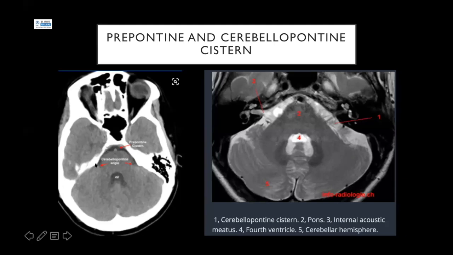So this is the cerebellopontine cistern, also known as the cerebellar pontine angle. And as we pointed out previously, this is the internal auditory meatus, and the facial nerve runs anterior, and the vestibulocochlear 8th cranial nerve runs posterior.